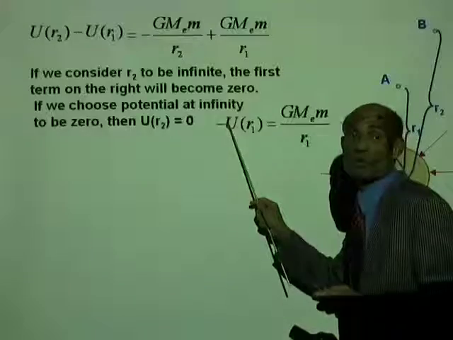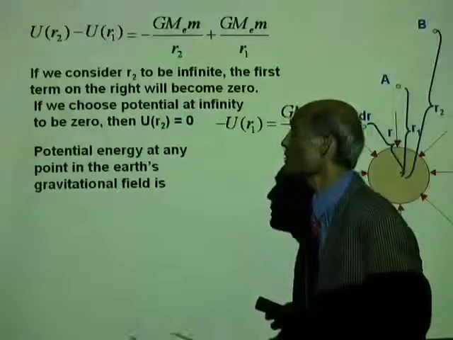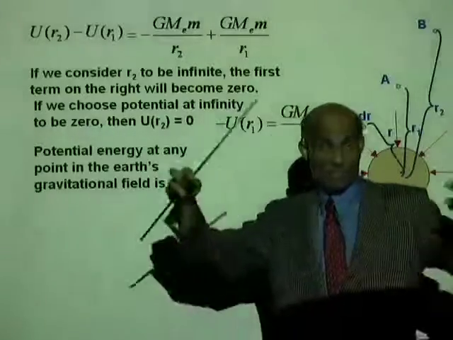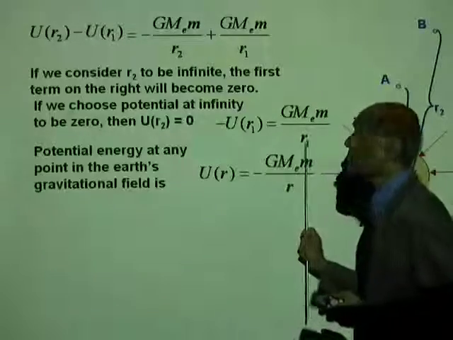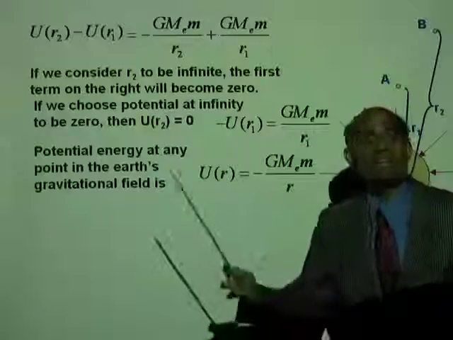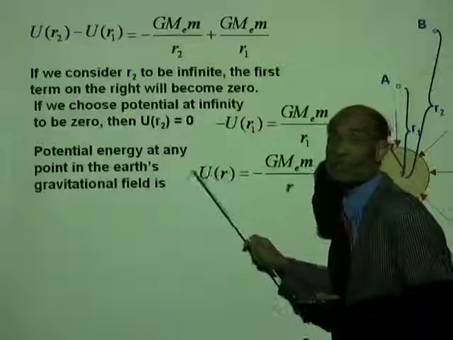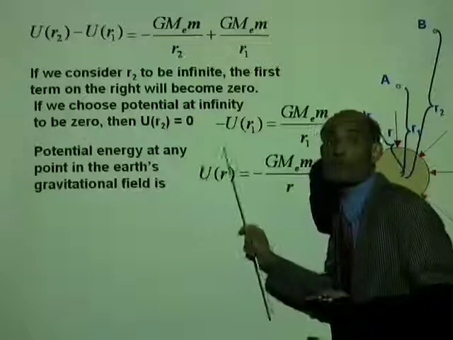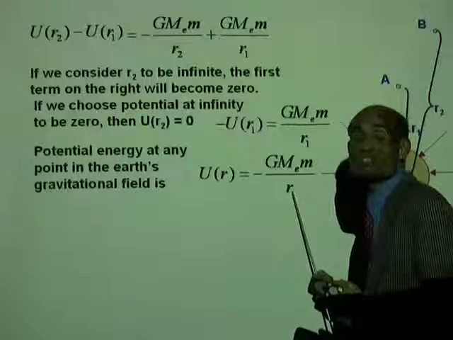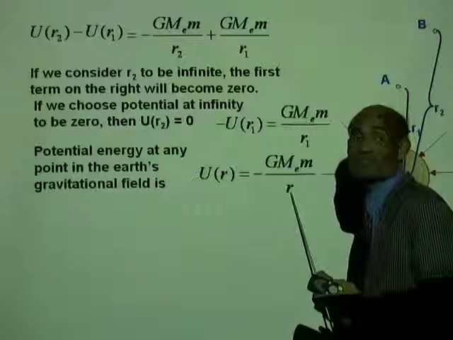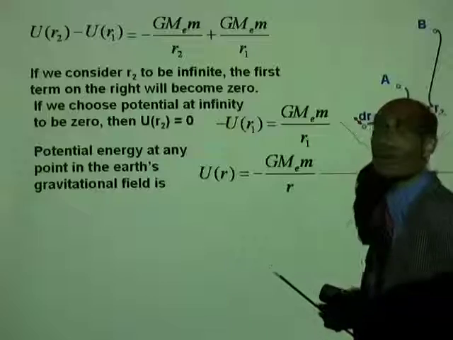And now, if you rewrite this, the potential energy at any point in the gravitational field of the Earth can be written as, look at this, I replaced this R1 by any value R, and the negative I gave it to the right. So this is a measure of the potential energy of an object m placed at a distance R from the center of the Earth. It is U(R) is negative G M_E M over R.